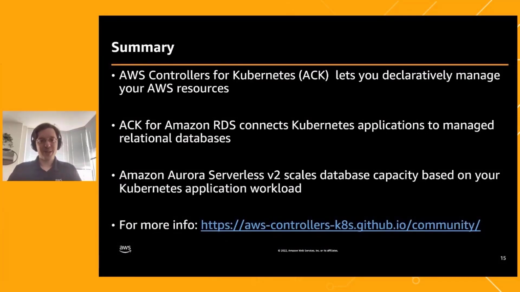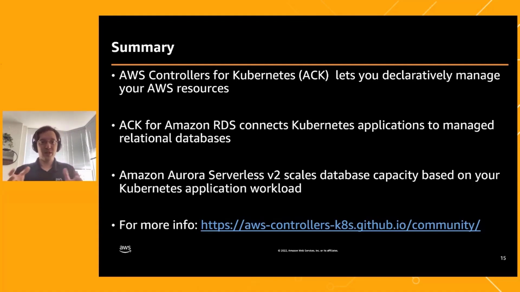All right, let's summarize what we saw today. AWS Controllers for Kubernetes lets you declaratively manage your AWS resources. So this can be Amazon EC2, Amazon S3, Amazon RDS, Amazon ElastiCache, Amazon MemoryDB. ACK gives you the benefits of declarative management that you see from your native Kubernetes resources and applies it to AWS services. This lets you use AWS services in your GitOps pipelines.